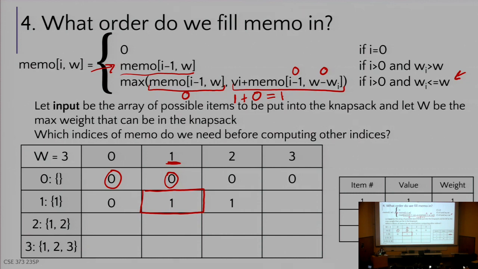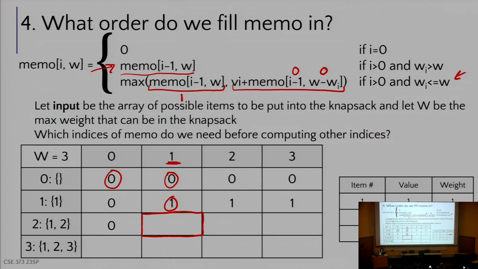Similarly, you get 1 for the rest of these. The next one, since the weight is 0, again, this is going to be 0. And then for this one, we look at this second case again. The value here is going to be 1, because it's this one we're solving right now.